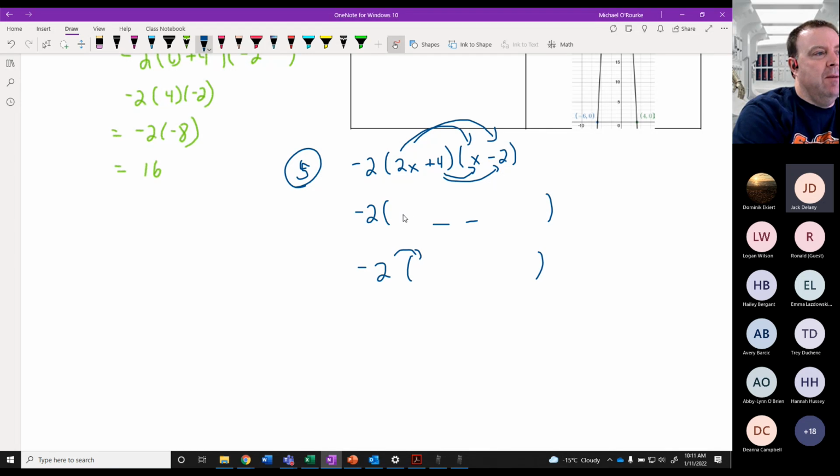Then bring it in. So you should have something like, so put a D in chat when you're all done foiling.